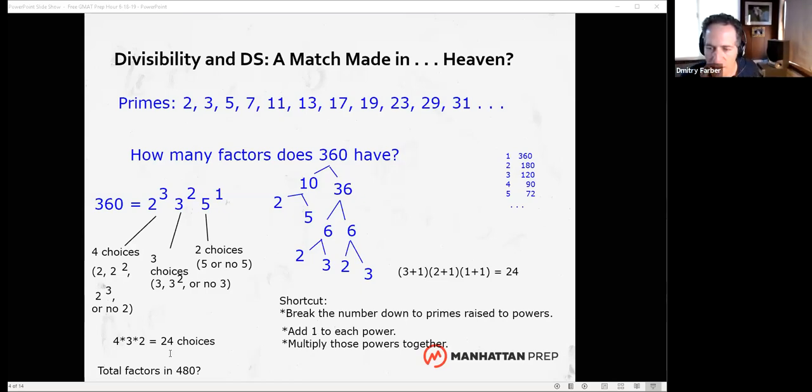So Nick, you've got a factorization. Now see if you can find the total number of actual, not prime factors, but total factors.